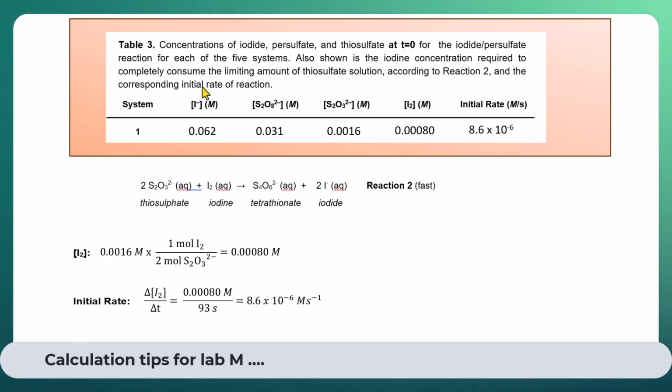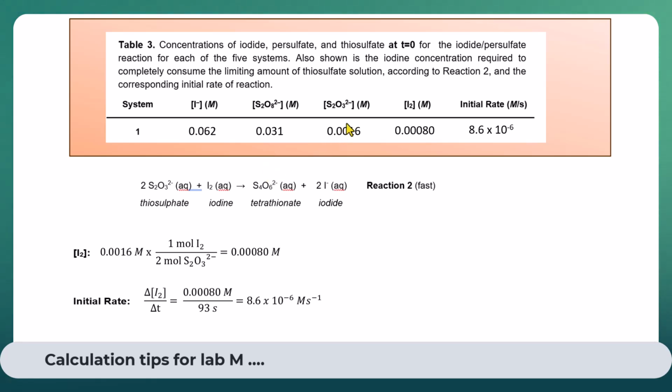So the idea is that you just need to repeat these calculations in terms of the various concentrations. Now, one of the things that you're going to notice is that, for instance, in system 2, we essentially dilute the iodide concentration by 2. So the next concentration is going to be 0.031. We keep the persulfate concentration constant. So that's the same.